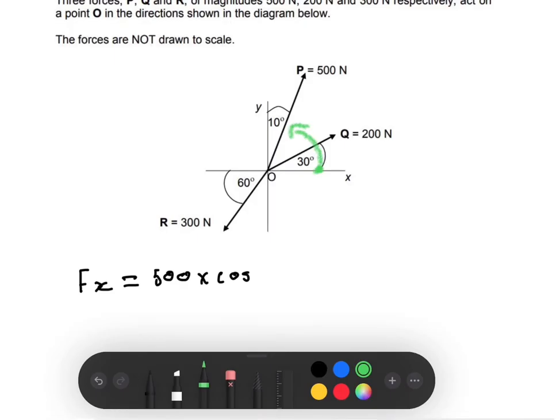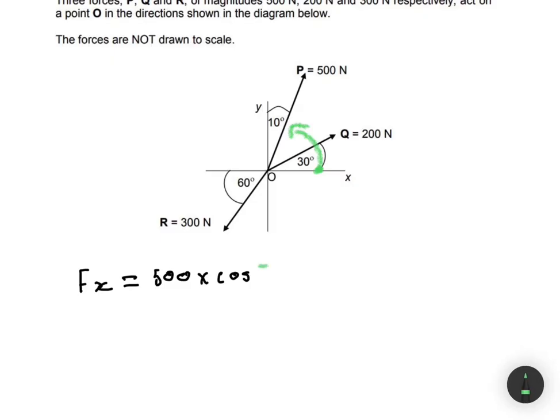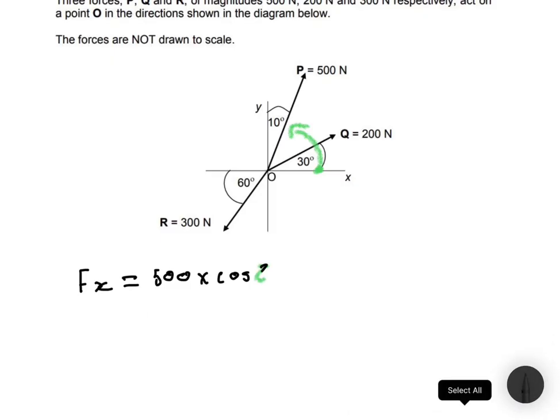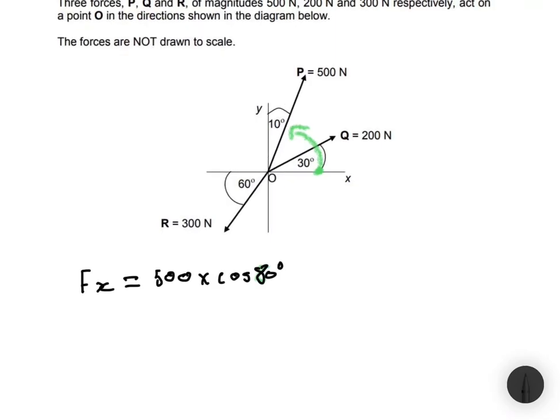We use the angle of inclination. You can use 10 degrees, but then you would have to change something. I don't want us to get to that. It will just lead to confusion. So to find that angle, we just say 90 degrees minus 10, which is going to be 80 degrees. So you have to be careful. You just don't see an angle and use it. Think about it first, right? Yeah, cos of 80 degrees. Let me know if you get it in the comments. So cos of 80 degrees.